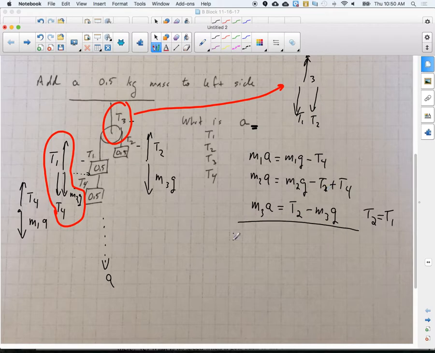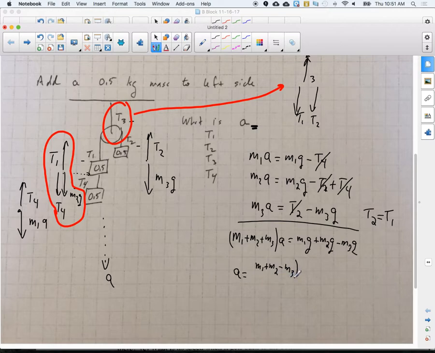Add everything up on the right and add everything up on the left. M1 plus M2 plus M3 all times A is M1G plus M2G minus M3G, and T2 and T2 cancel out, T4 and T4 cancel out, and so I'm left with an acceleration of M1 plus M2 minus M3 all times G over M1 plus M2 plus M3.